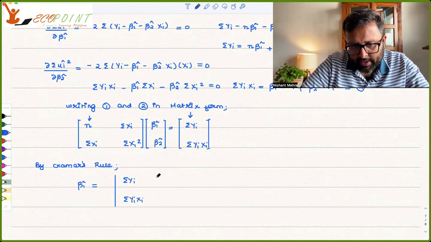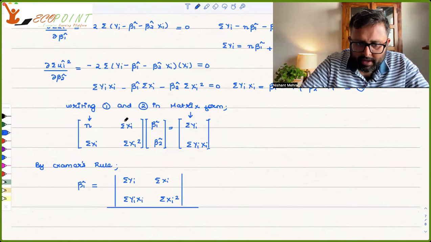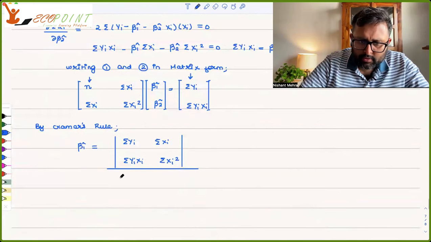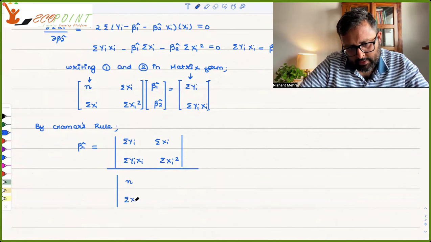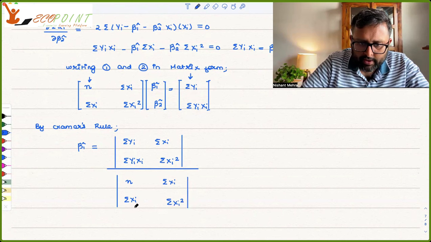And this column will remain intact, whole upon the coefficient matrix. So that is intact. So it becomes summation xi, summation xi, summation xi square. Fair enough.